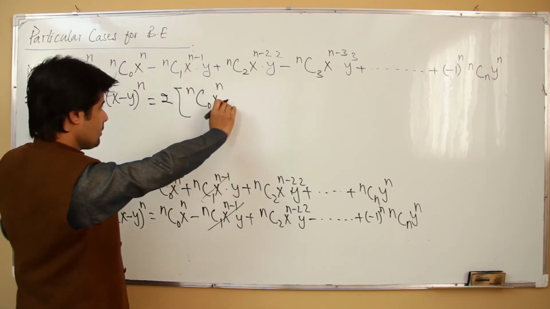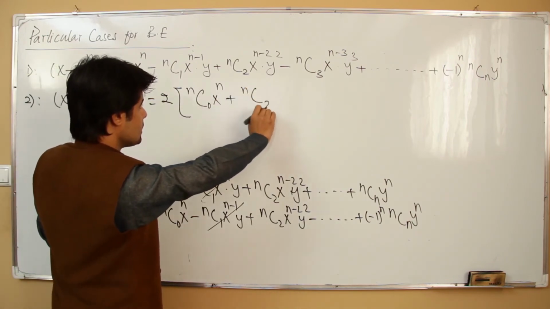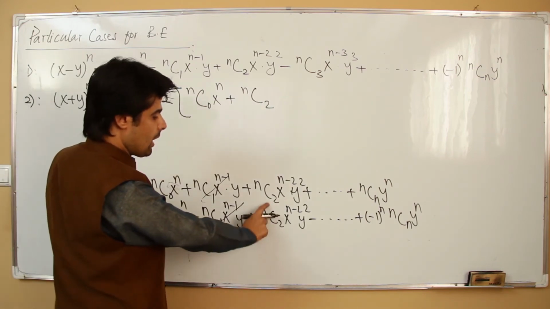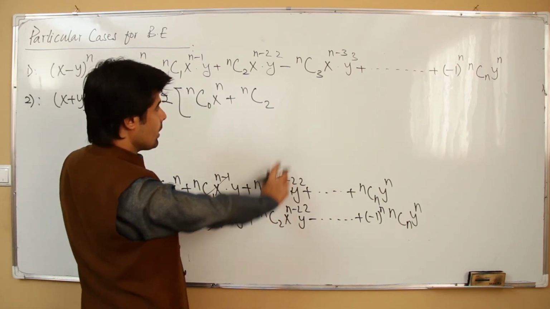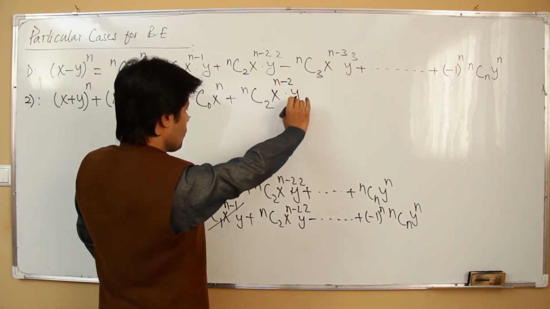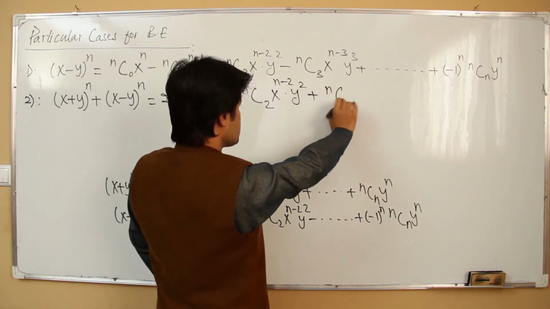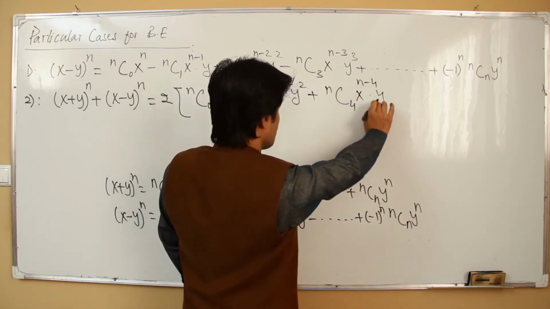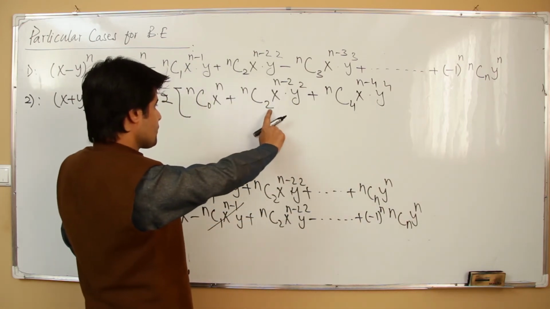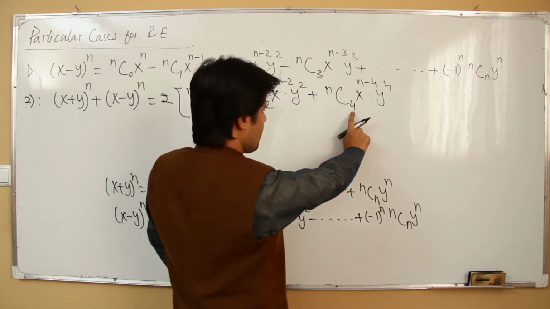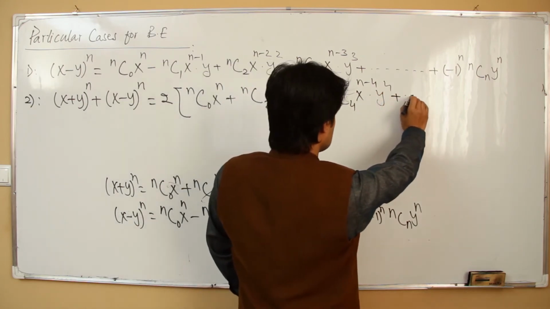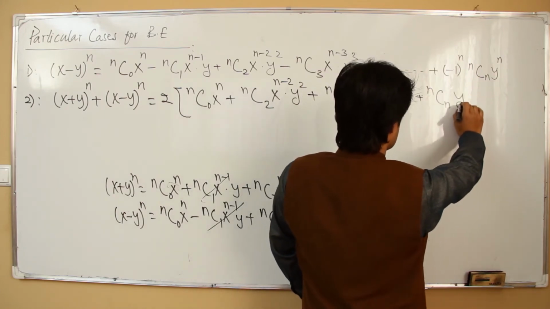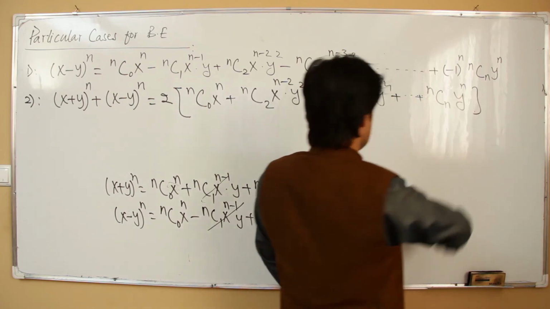You can use two terms of nC0 x^n plus nC2, not C1, because the odd numbers are getting cancelled, but the even ones we have two terms: nC2 x^(n−2) y^2 plus nC4 x^(n−4) y^4, up to the last one, nCn y^n, and this n is even.